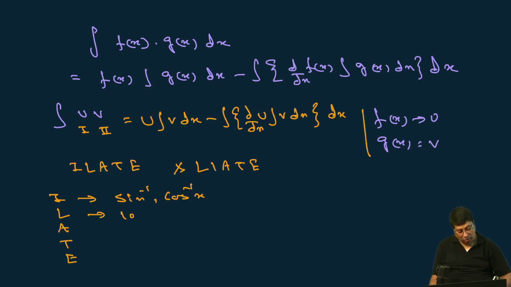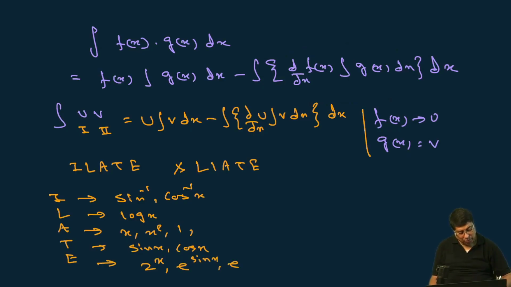L is the logarithm function. A is the algebraic function, like x, y, z, 1, 2, 3, 4, x square, all these things. T is, obviously you can understand, the trigonometric function, that is sin x, cos x, and E is the exponential function, 2 to the power x, e to the power sin x, e to the power x, this type of.